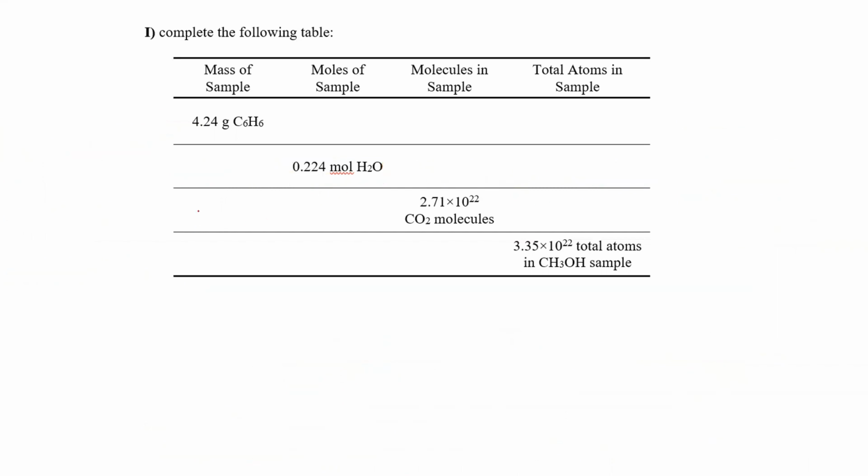So here we don't have the mass, we don't have the number of mole, but we have the number of CO2 molecules. Okay, so we know that 1 mole of CO2, now you know this relationship, corresponds to 6.022 10 to the power 23 CO2 molecules.